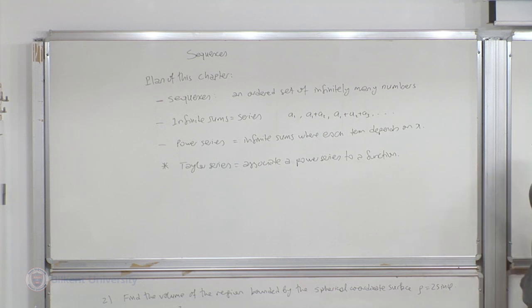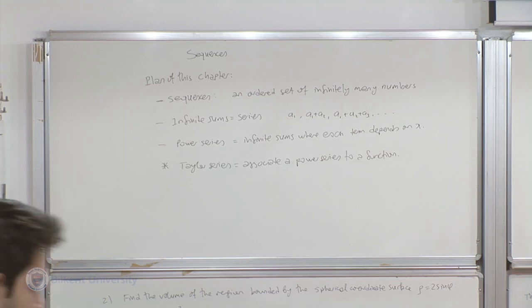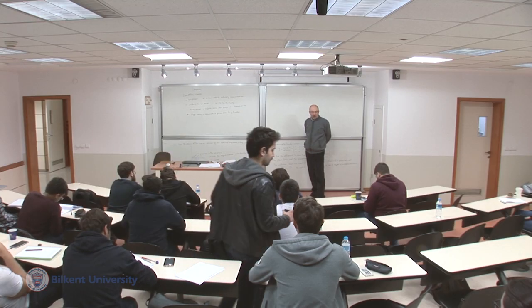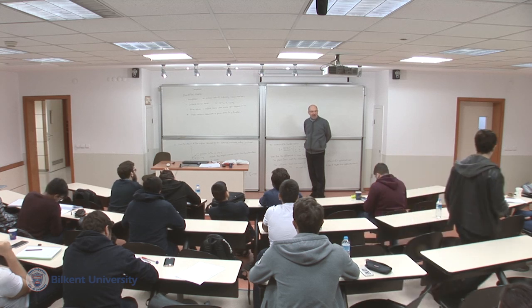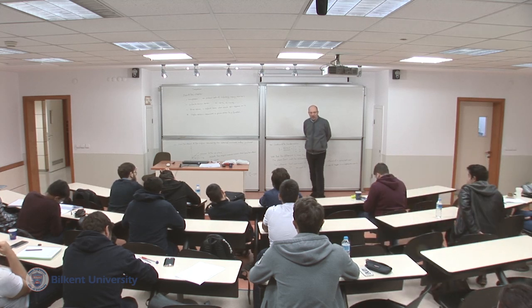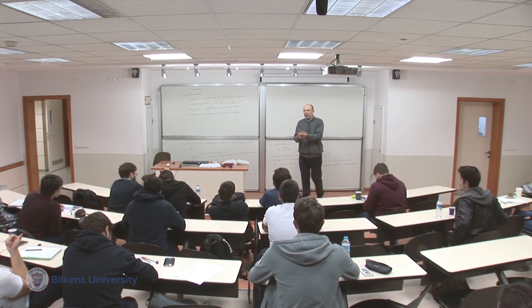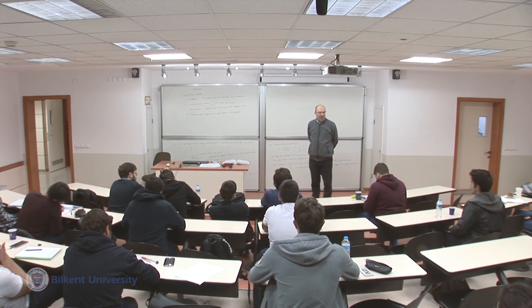Okay, if you want to calculate the value of sine of 1 degree, which has been an important problem in navigation, of course, we have to find ways of calculating sine of 1 degree using approximations. When you make an approximation, you don't know how much error you are making.